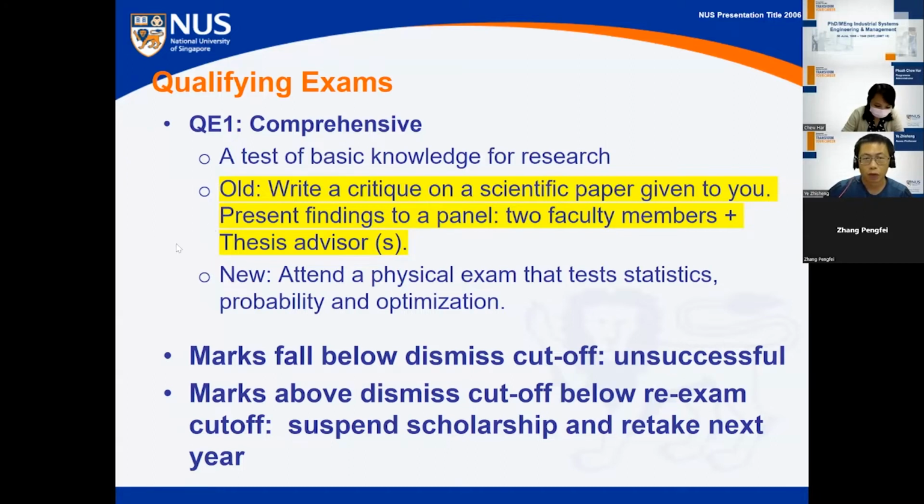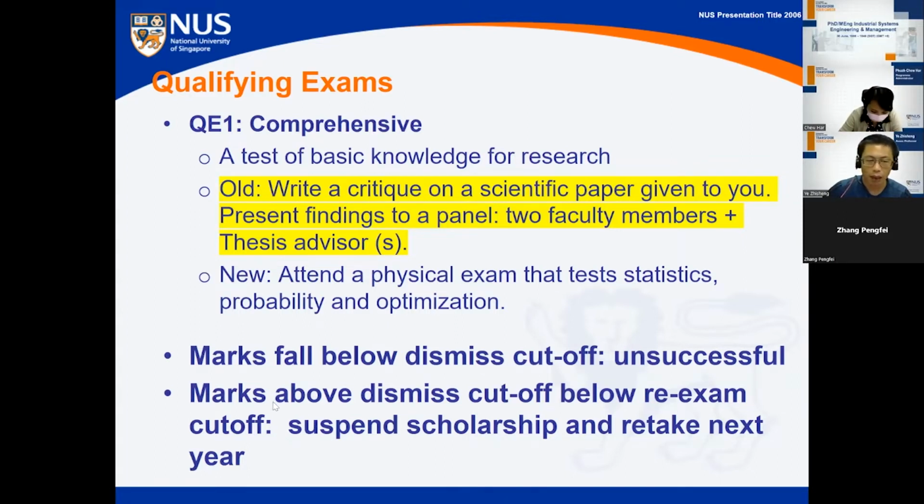So for this new format of QE1, we will set 2 marks. One is the dismissal cutoff mark. After you take the exam, if your total mark falls below this dismissal cutoff mark, then you will be dismissed. We will also set a re-examination cutoff mark.